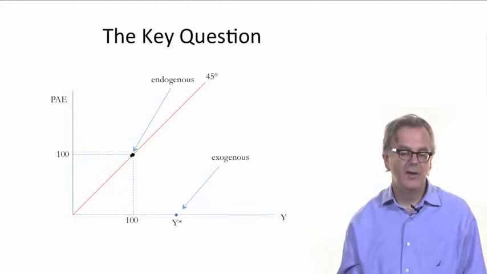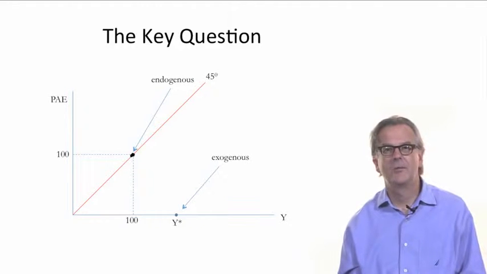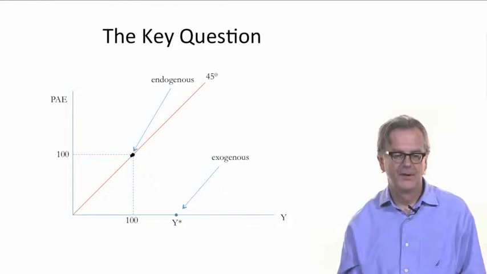I'm going to label that equilibrium as endogenous, and in our next lecture I'm going to show you how this model actually tells us how that endogenous point is arrived at. In other words, I'm going to develop an analysis that tells us why the economy's equilibrium is where it is. And this is the key question addressed by Keynes.